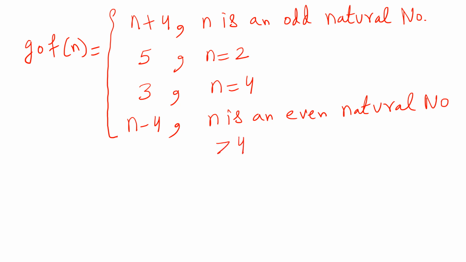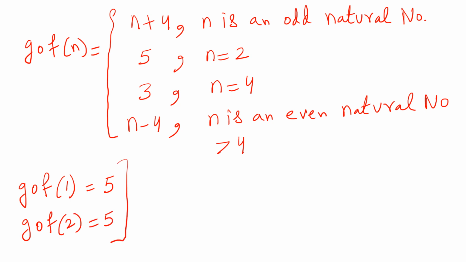Right? Now students, when we put n equal to 1 in the function g of f, then we get the value of g of f of 1 equal to 5. And we already have g of f of 2 equal to 5. So this means g of f of 1 is equal to g of f of 2. Hence the function g of f is many-one. Or we can say that g of f is not one-one.